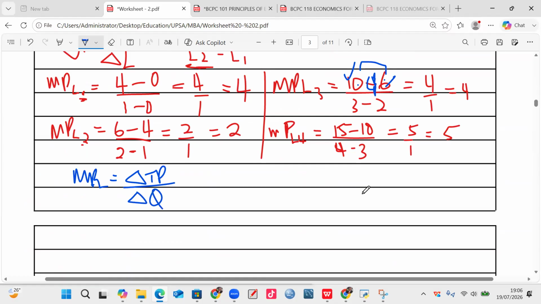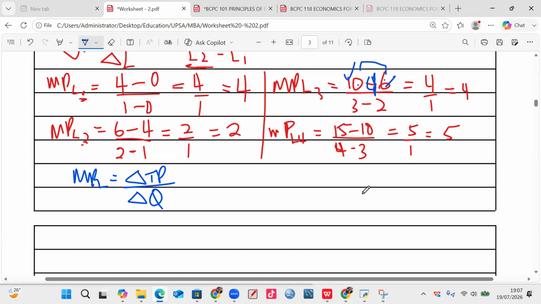Because, why can't we say this? Who can tell us why? Why do you think this is wrong? Marginal product of labor. If I write change in TP over change in K, is it wrong or right?